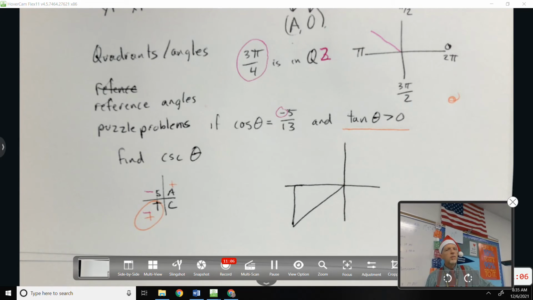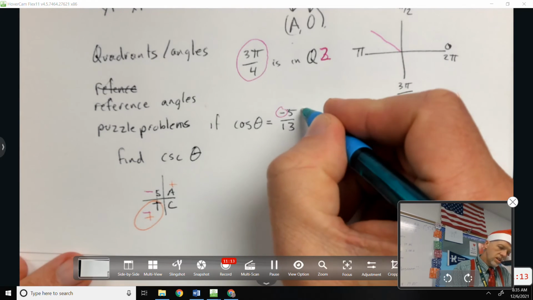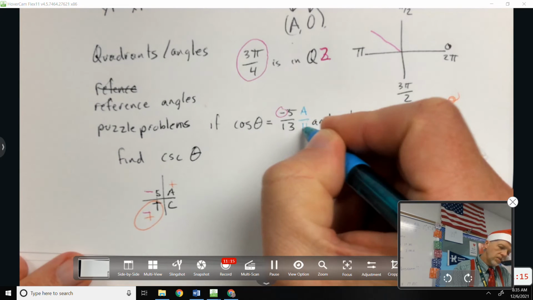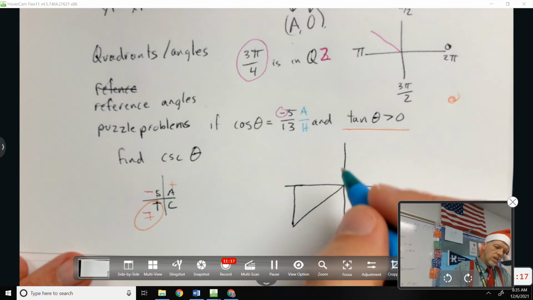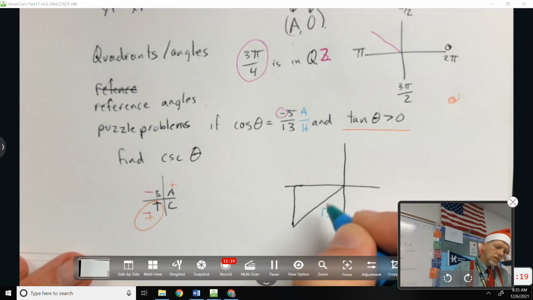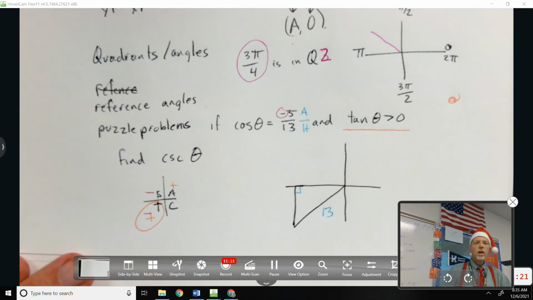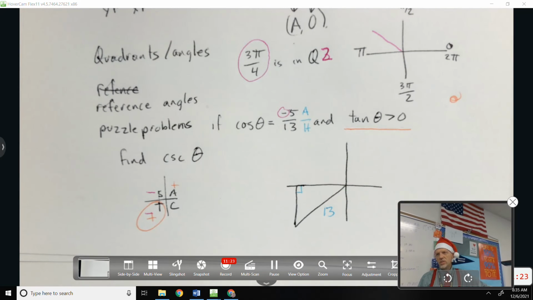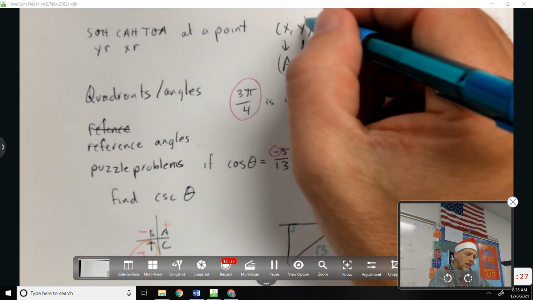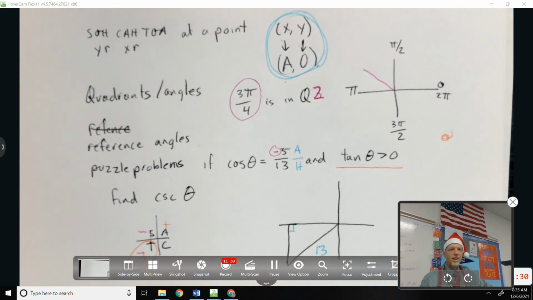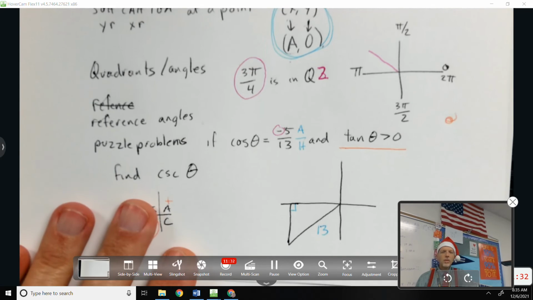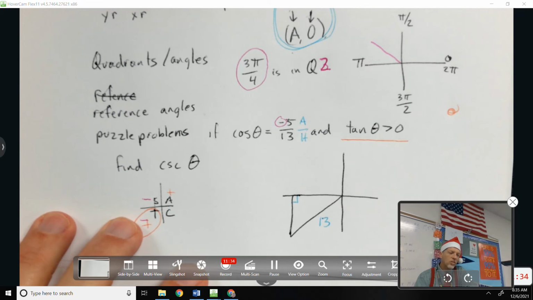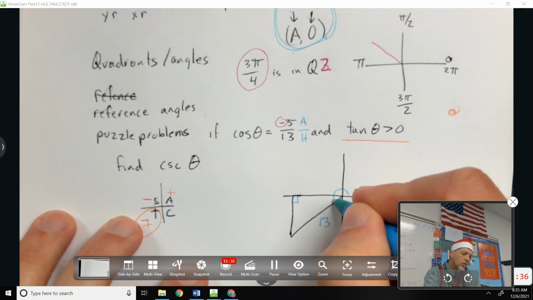Cosine. What's cosine in terms of SOHCAHTOA? Adjacent over hypotenuse. Hypotenuse is the easy one. Adjacent, is that the x piece or the y piece? Adjacent is always the x, or adjacent's always closest to the angle.